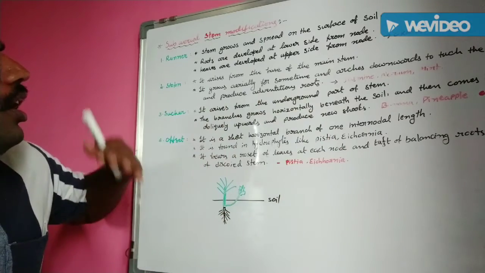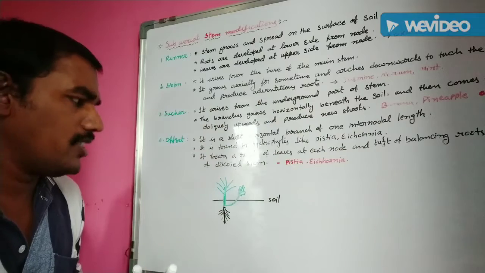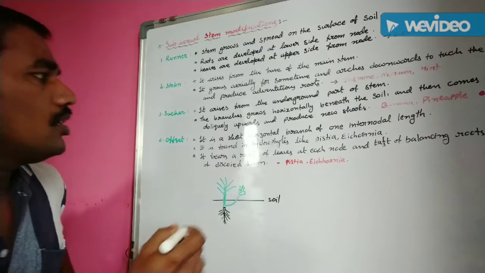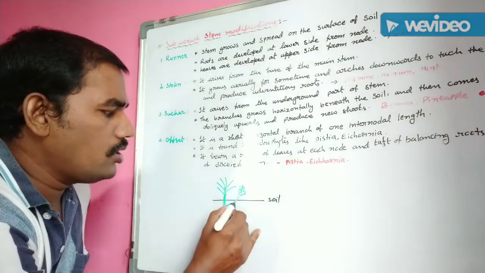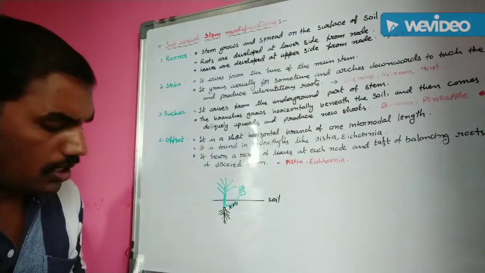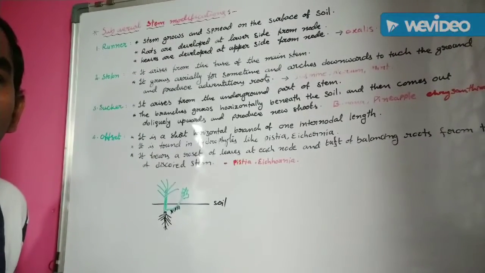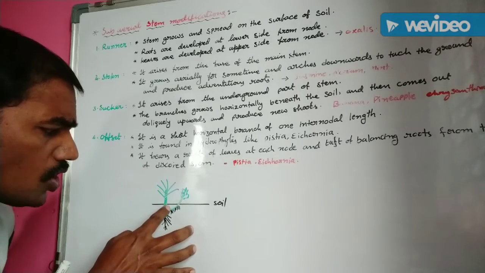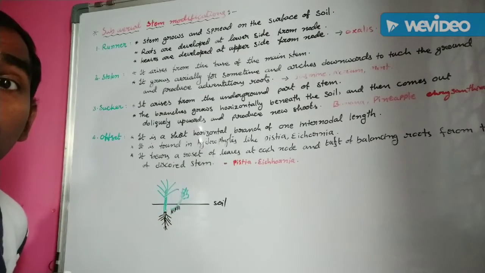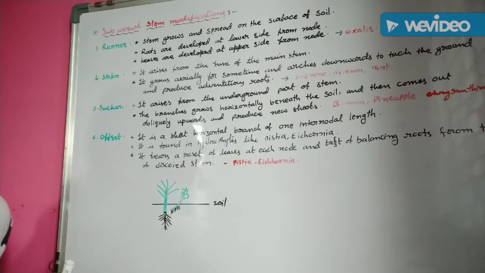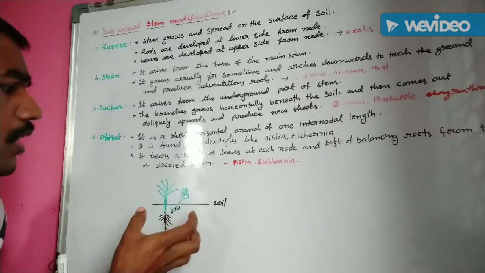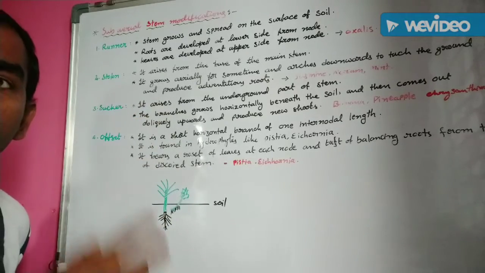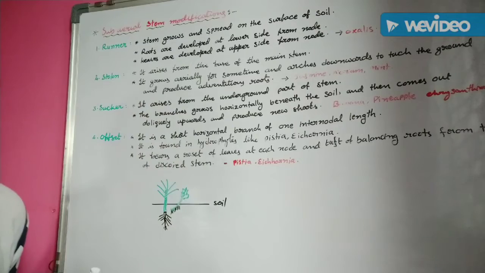These obliquely upward branches bear numerous advanced roots, arising from the lateral branch of the underground part of the stem. If these branches are detached from the mother plant, they live as individual plants. This type of sucker is also helpful for vegetative propagation.